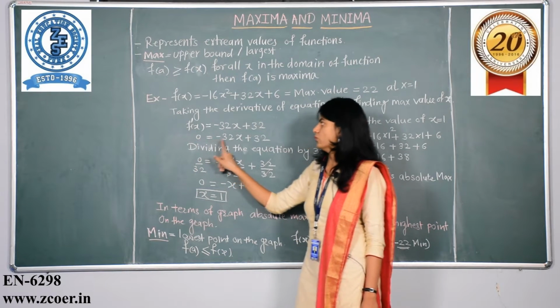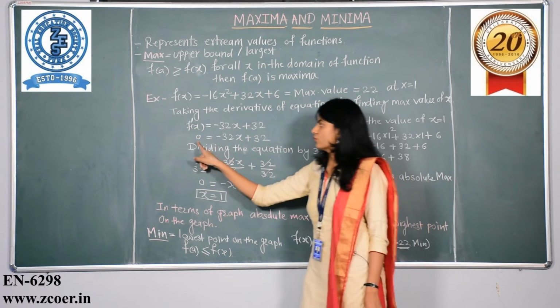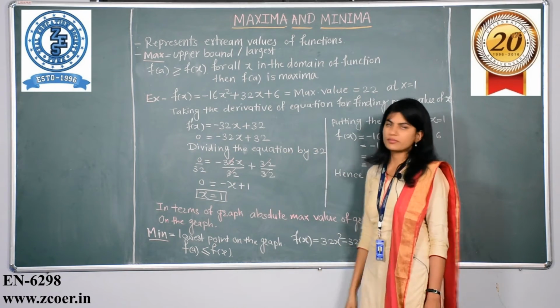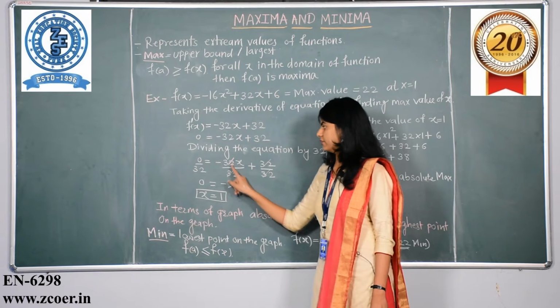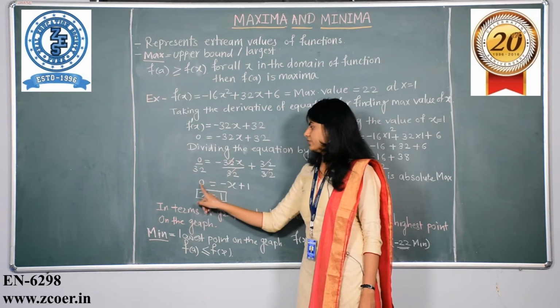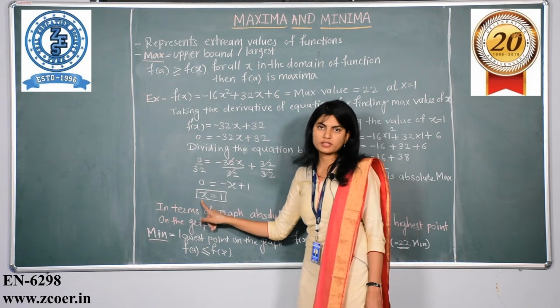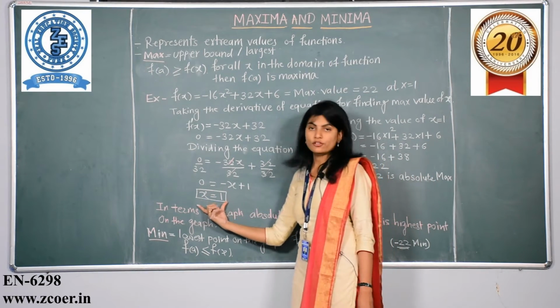So 0 is equal to minus 32x plus 32. Let us divide the whole equation by 32. So 0 is equal to minus x plus 1. So the value of x becomes 1.